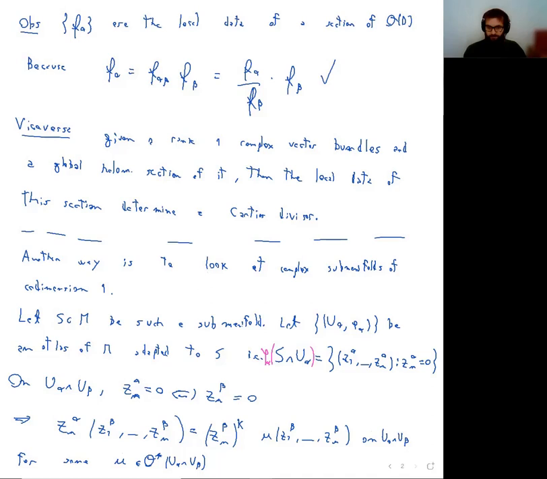Okay. But one thing that we do know is that this composition is indeed a transition map.